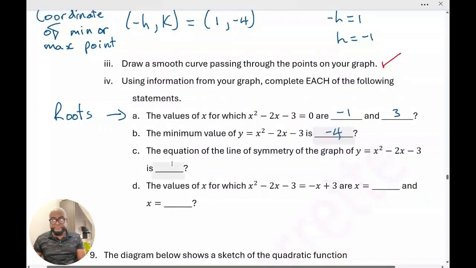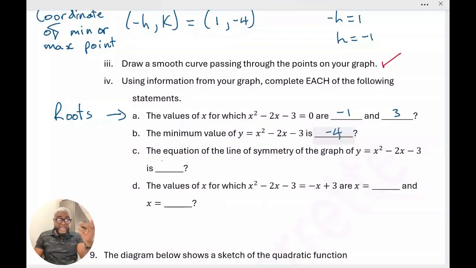So we go now. The equation of the line of symmetry of the graph, right? What is the equation of the line of symmetry given by? The line of symmetry is the axis of symmetry, eh? What is the equation of the axis of symmetry given by?